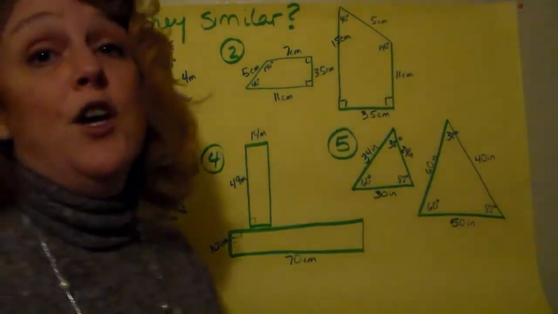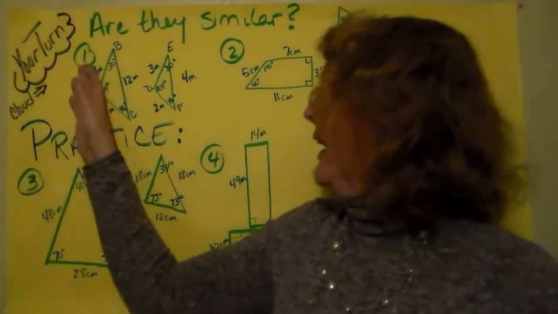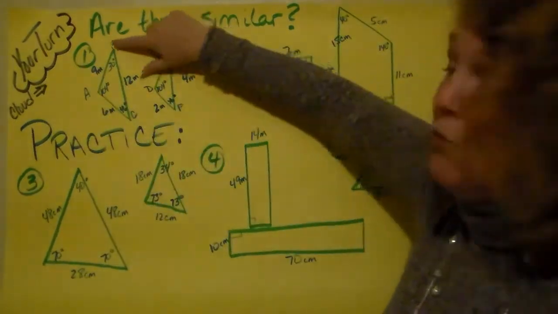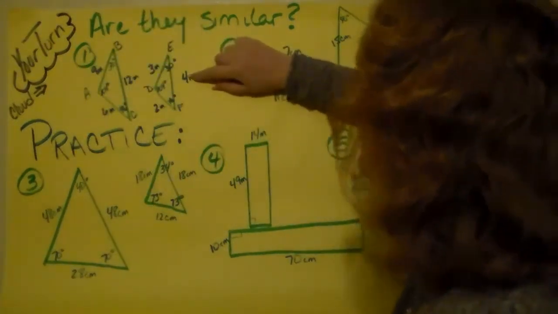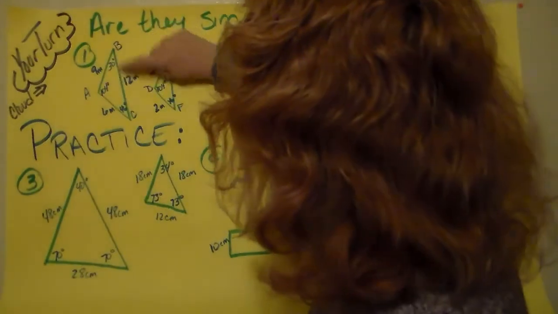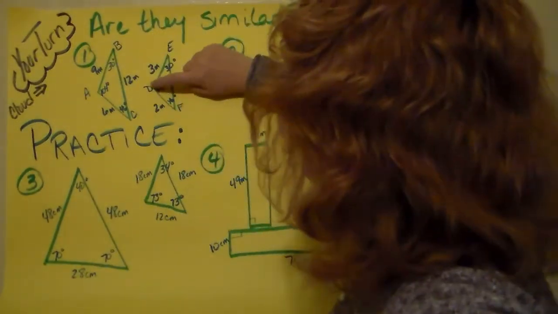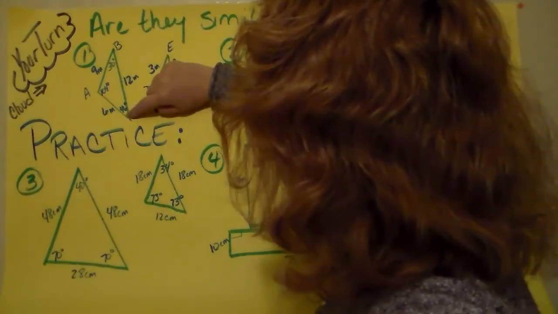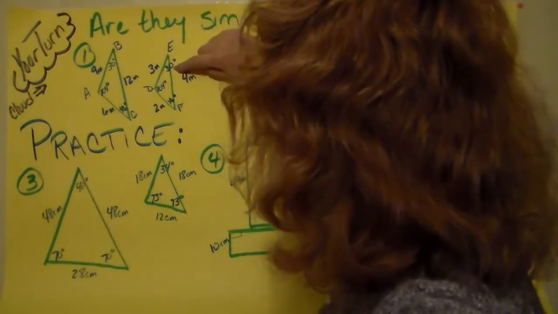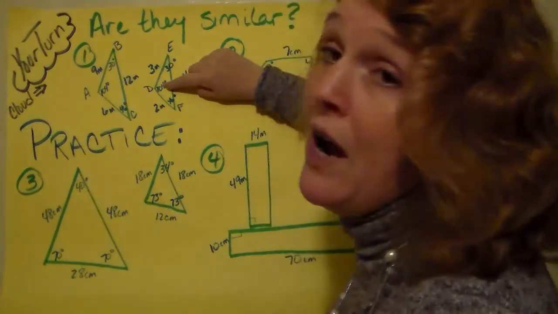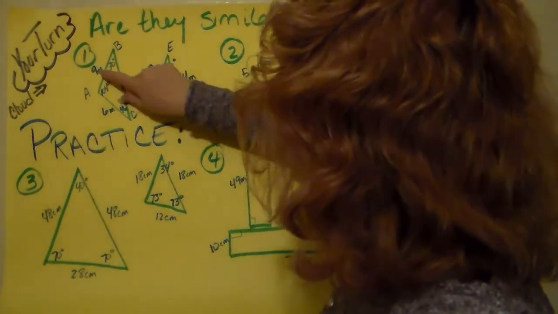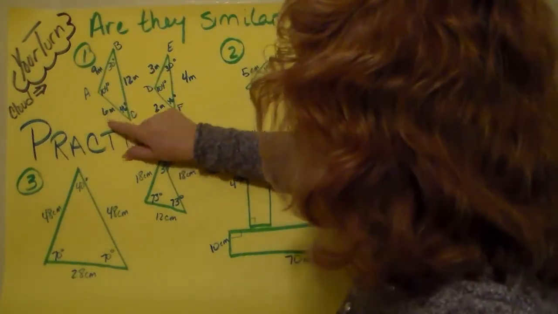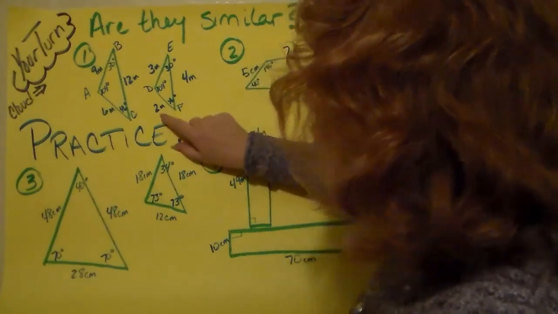Your turn. You've got 2 to work here that I'm about to work with you. Let me read these to you if you can't see them. I have triangle A, B, C here. I have triangle D, E, F here. They have angle measurements of 30, 46, and 104. 30, 46, and 104. I have side measurements of 9 meters, 12 meters, 6 meters, 3 meters, 4 meters, 2 meters.